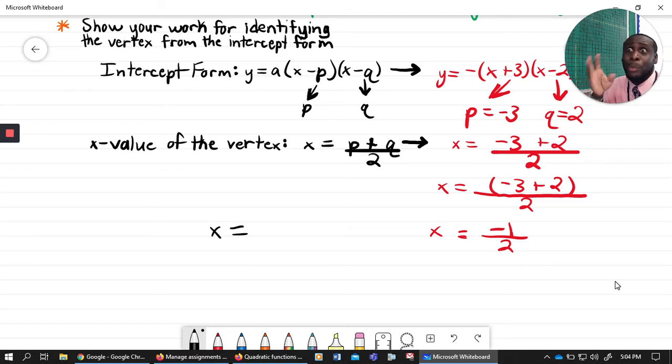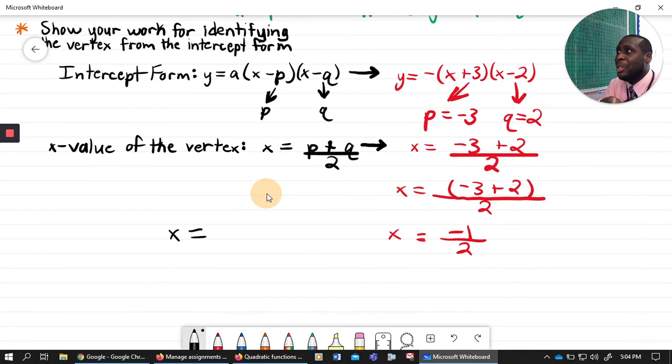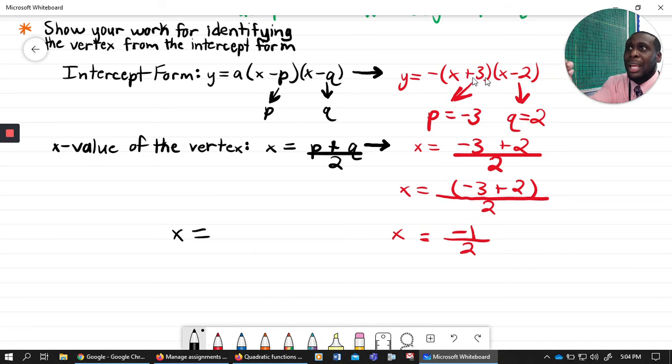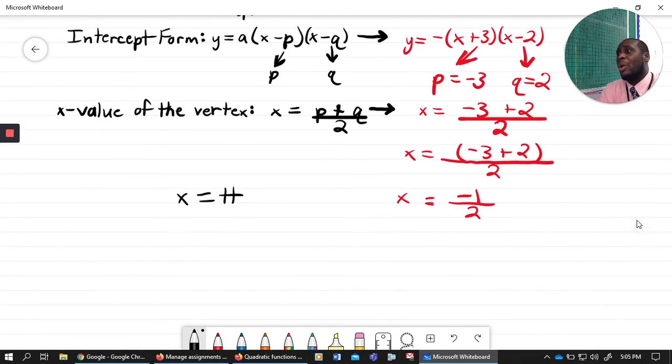Okay, you're going to plug in that x value, plug in the input, and you're going to find the output. You're going to plug in that input value into our equation, that y equals -x plus 3 times x minus 2, right? So again, we take that x value and we want to evaluate it for our y value.